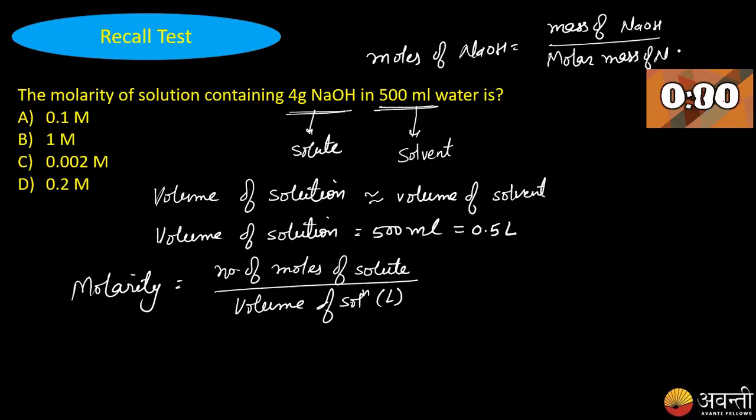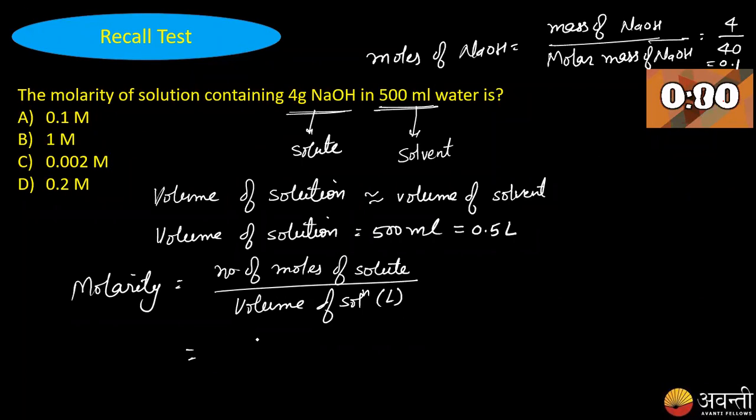Can anybody tell me the molar mass of sodium hydroxide, guys? Very good, Naveen. Vishwaji, it's 40 gram per mole. So if you solve this, it is going to be 0.1.